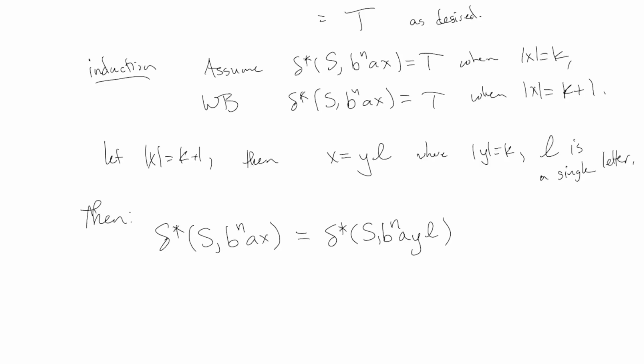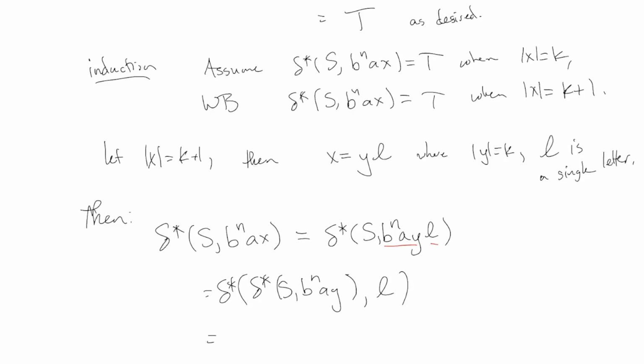And now I'm going to split this up, because I intend to use the induction hypothesis, which looks like B to the n, A, something. So I'm going to split this up as this thing first, followed by L. So this is delta star of S, B to the n, A, Y, comma, L. And that first part, I can use the induction hypothesis because the length of y is k.